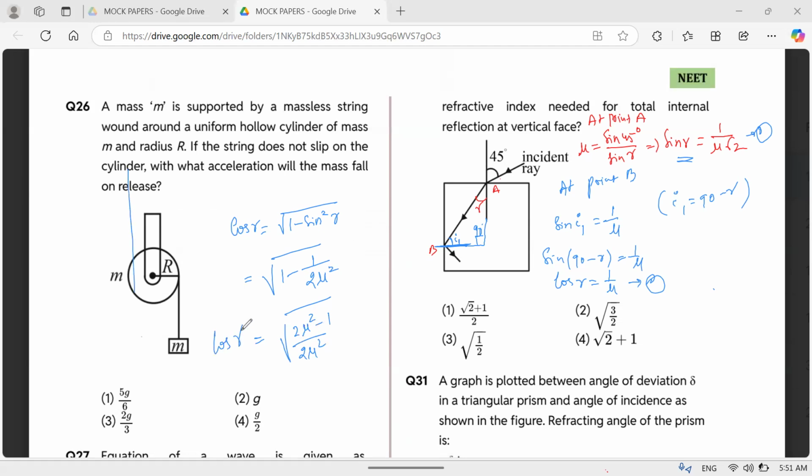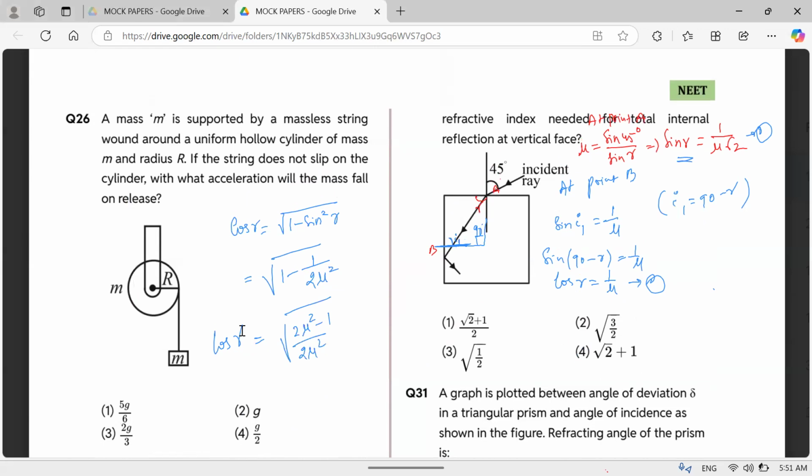Now square on both the sides. So what I'll be getting here: cos square R will be equal to 2 mu square minus 1 divided by 2 into mu square.